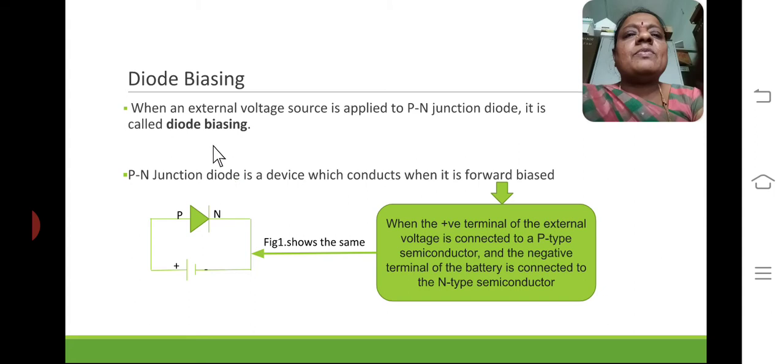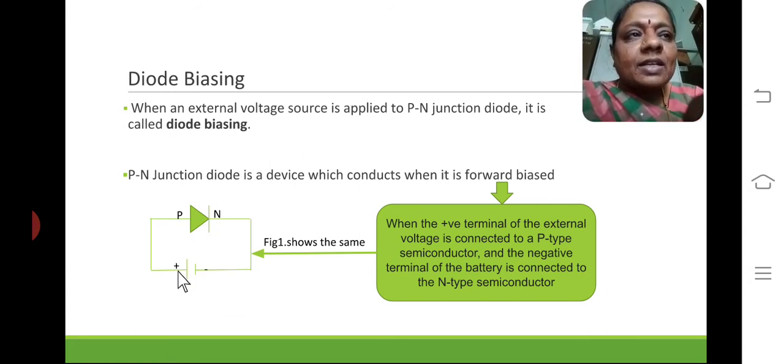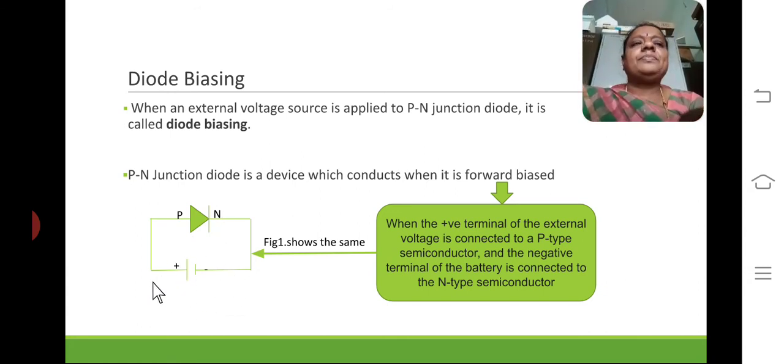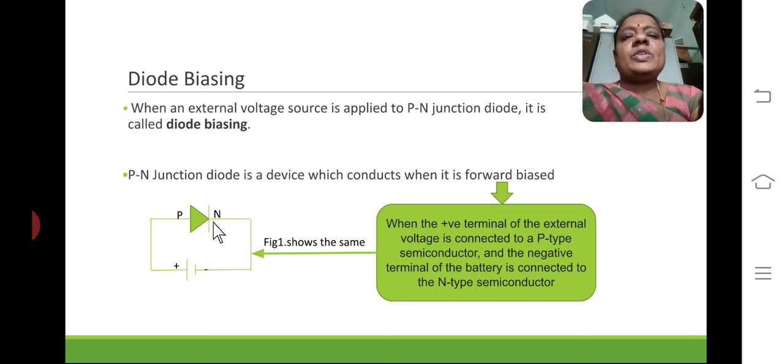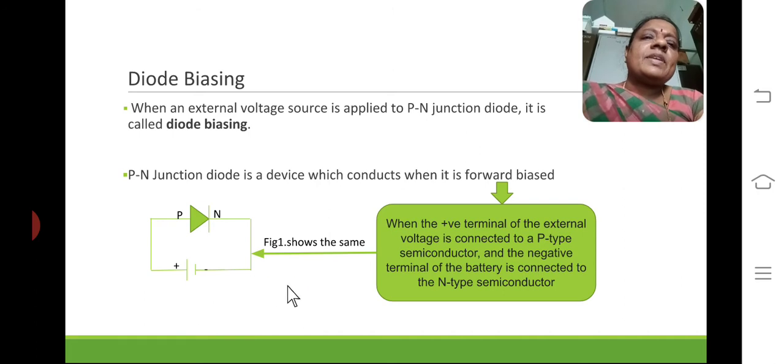How are we going to apply the external voltage to this diode? Using the power supply or the battery. So in biasing, we have two types: one is the forward bias, another one is the reverse bias.